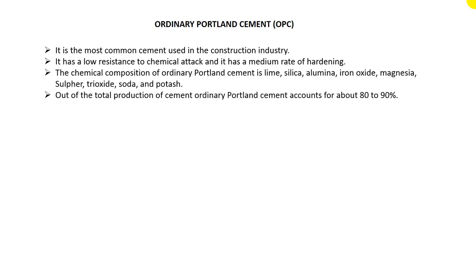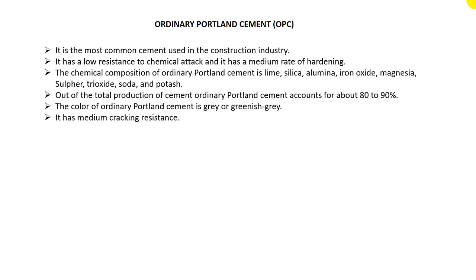So its production percentage is 80 to 90% of the total production of cement. The color of ordinary Portland cement is gray or greenish gray, and it has medium cracking resistance.